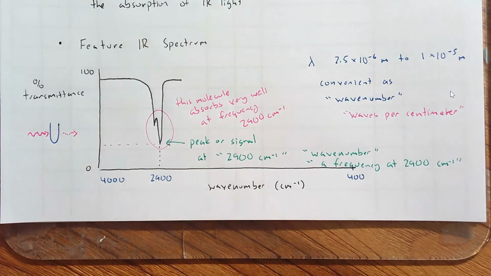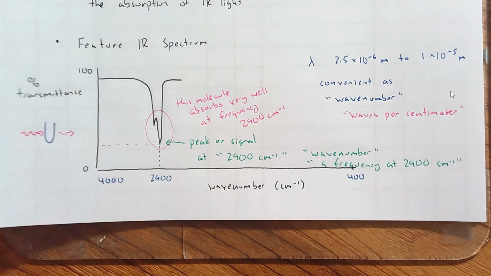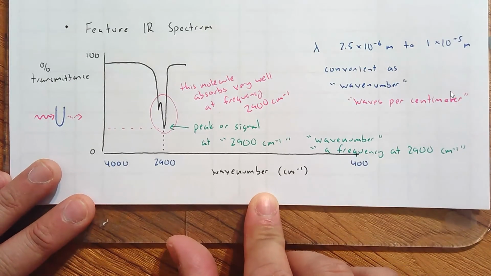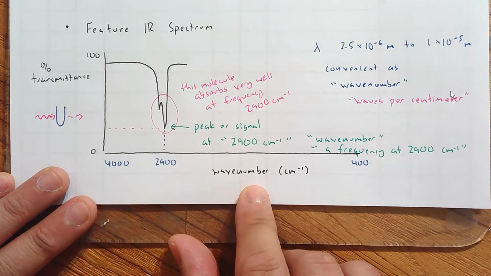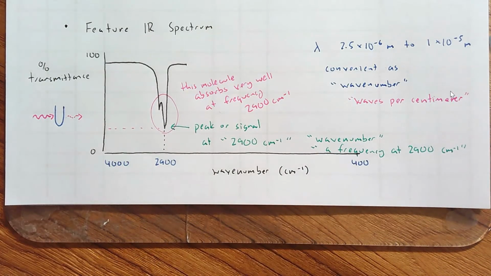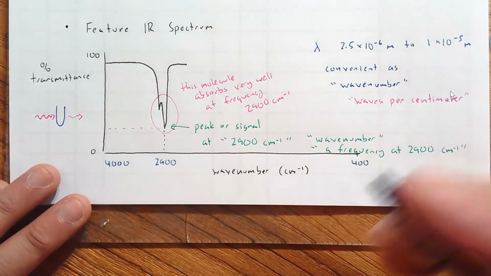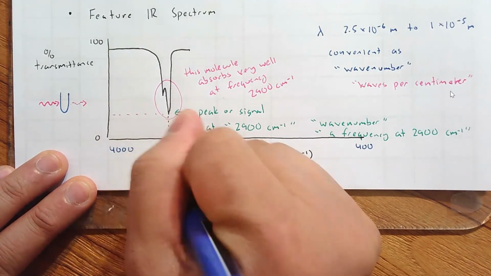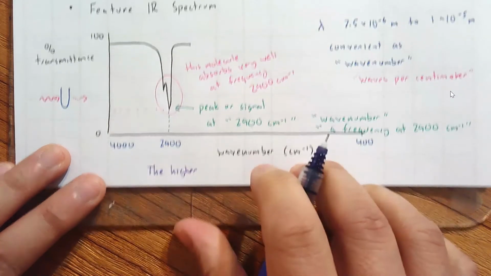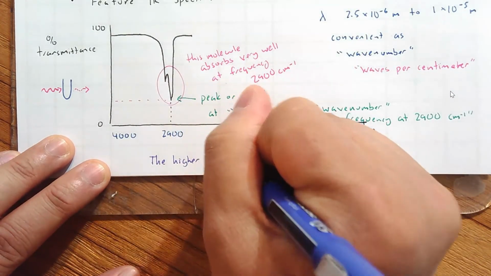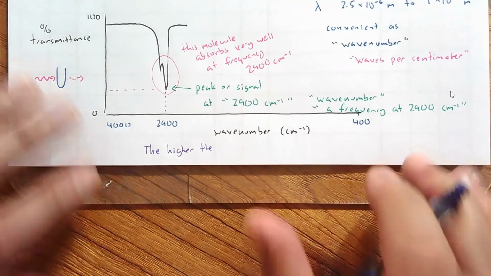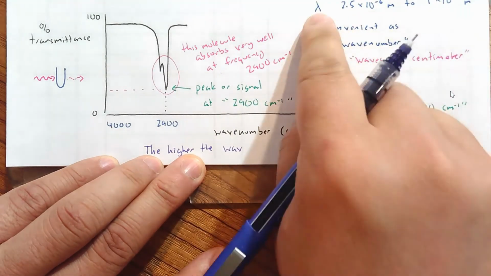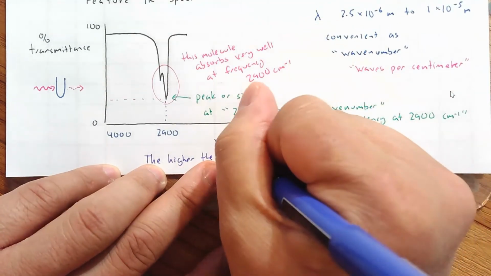One of the last things I do want to make sure that you understand is, okay, great, we have this kind of unusual unit, inverse centimeter, or wave number. What does that mean in terms of energy? It's very simple. Oh, by the way, just like wavelength is lambda, wave number also has a symbol.